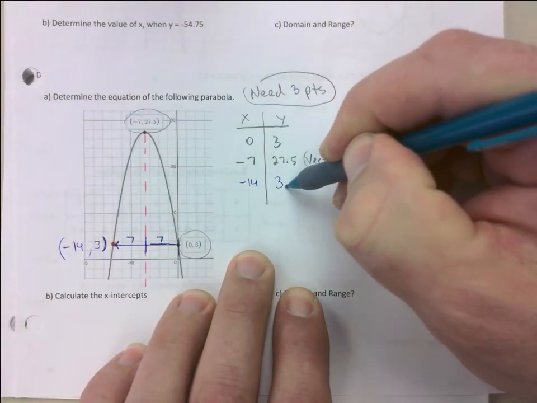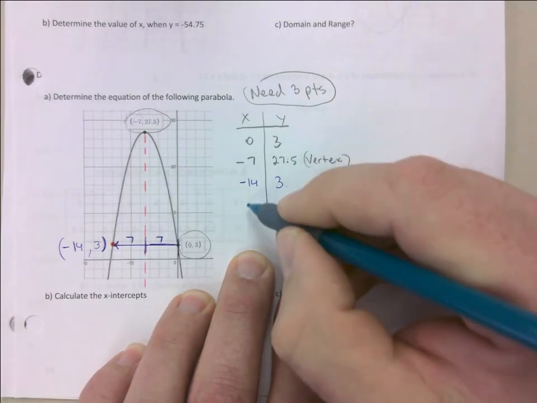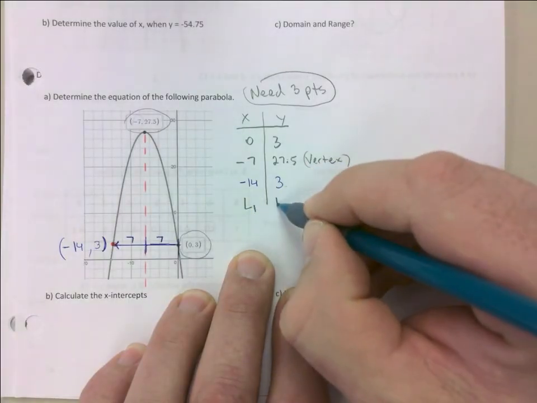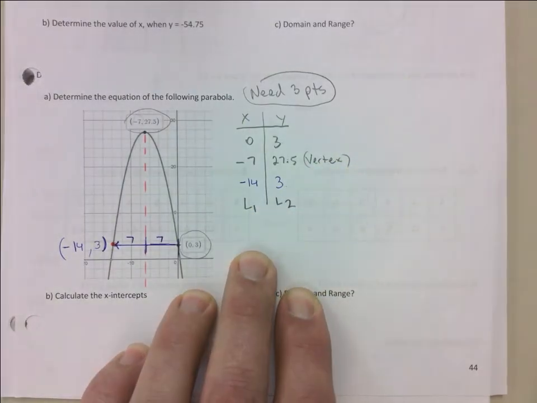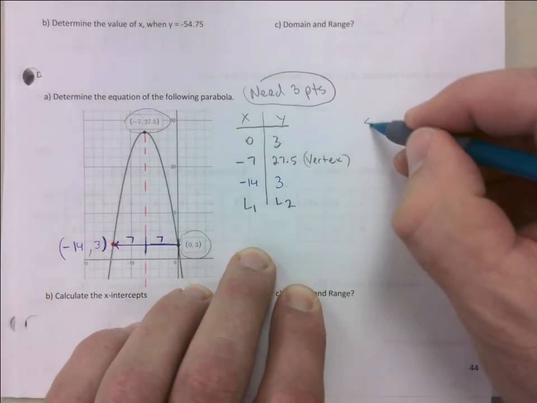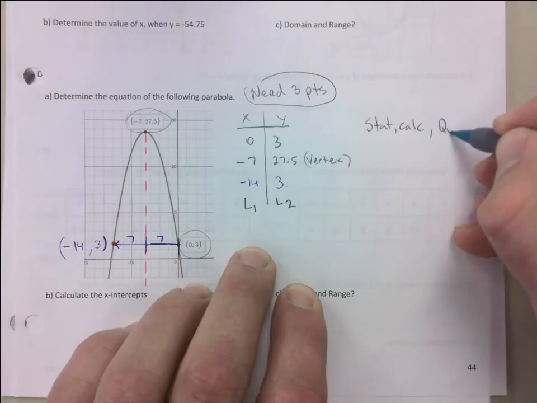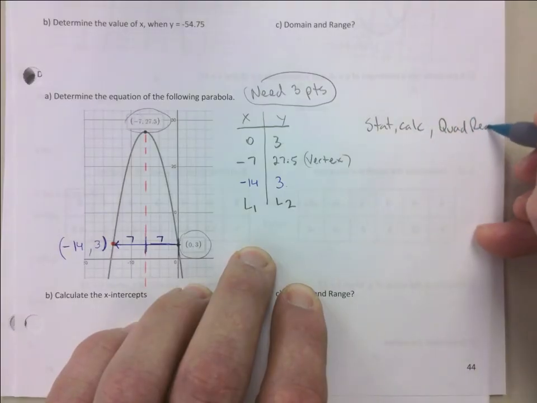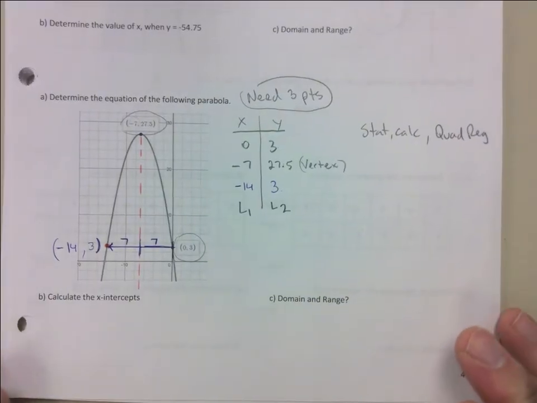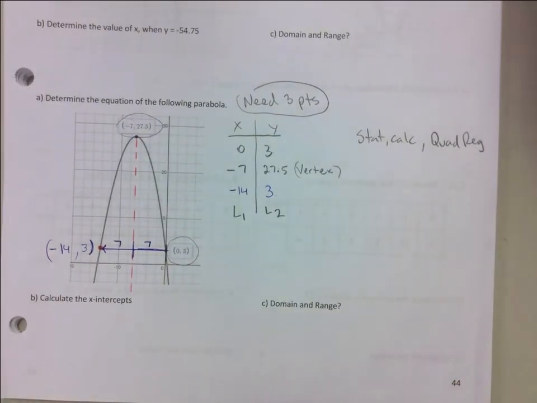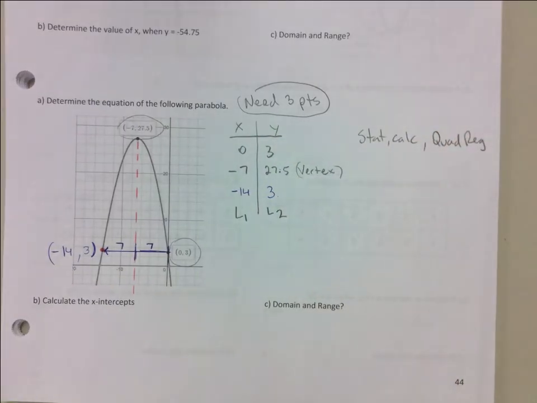Given, figure this one out. This one goes into L1. This one goes into L2. We go stat, calc, quadreg. I'm going to ask you to try this on your own. Can you figure out the quadratic equation for these 3 points?